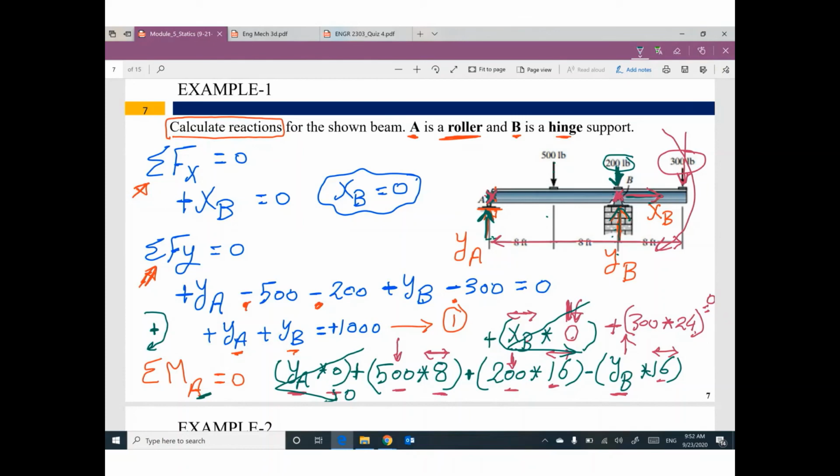So my reaction YB will be, your reaction YB equals positive 900. So the reaction from this equation for YB equals 900.